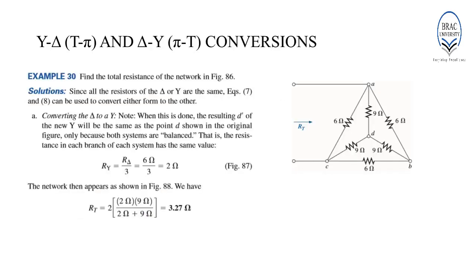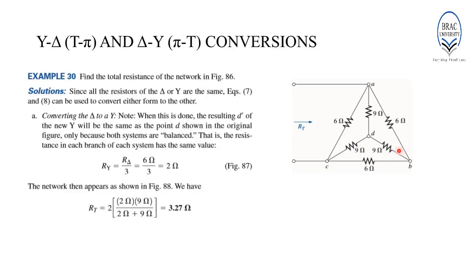In this example, the complex network has one delta configuration and a Y configuration. So, in order to determine the total resistance RT, we need to convert either this delta configuration into a Y configuration, or we have to convert this Y configuration into a delta configuration.